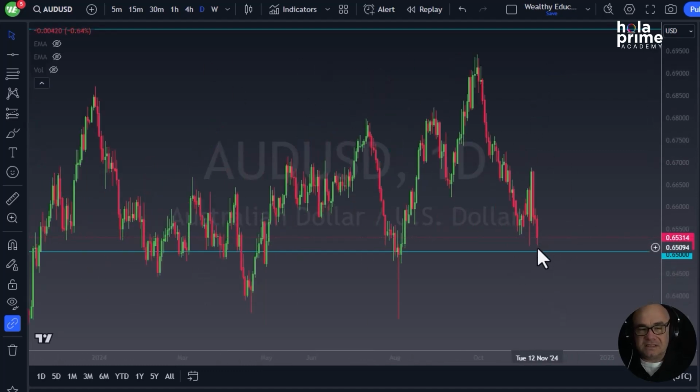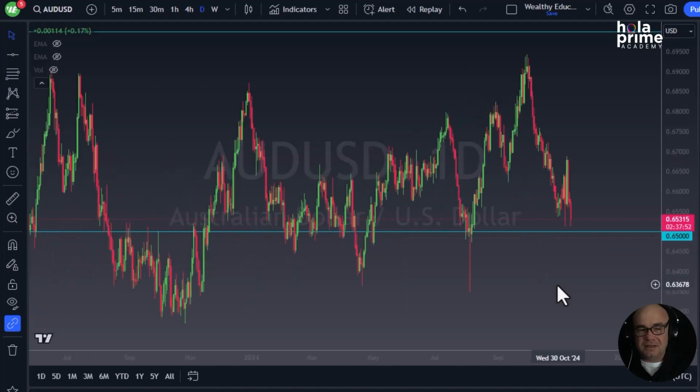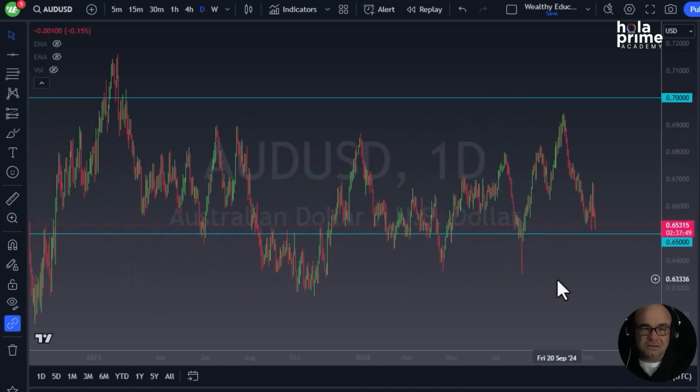You want to see some type of candlestick. For example, a hammer like we had seen on the 5th of August earlier in the year, or an impulsive green candlestick, some type of reaction that tells you, hey, the buyers have stepped back in. If you get a deep close below the level, then maybe the level isn't going to hold.